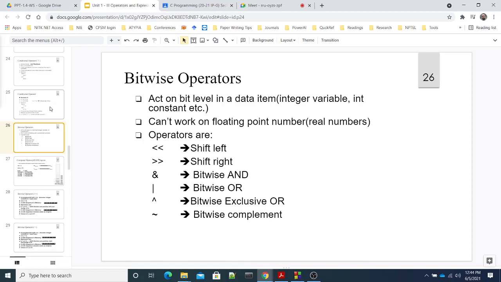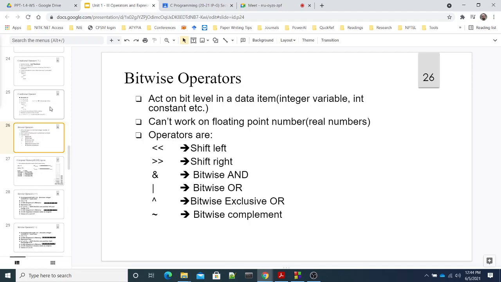So 5 is made of so many bits, ones and zeros, and 15 is also made of so many bits. But we are not bothering about the individual bit values. We take the value as a whole for that integer. So all the operators we studied so far applied on the whole value of the variable, without bothering about what bits are there in those values.